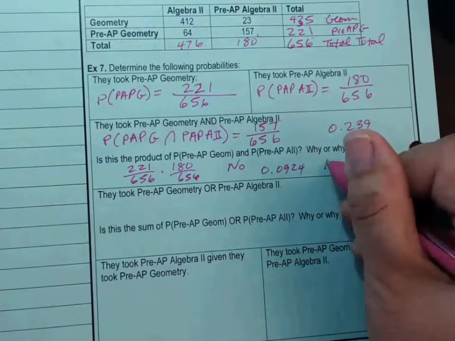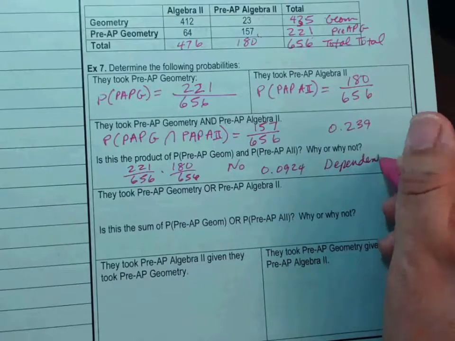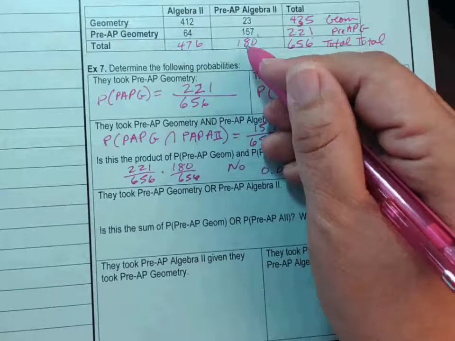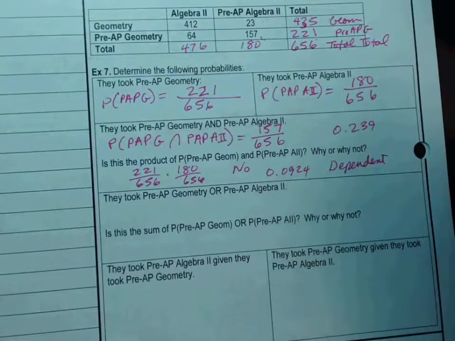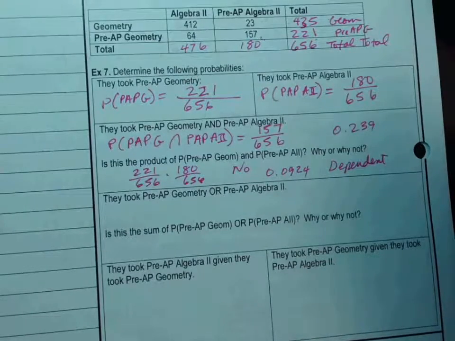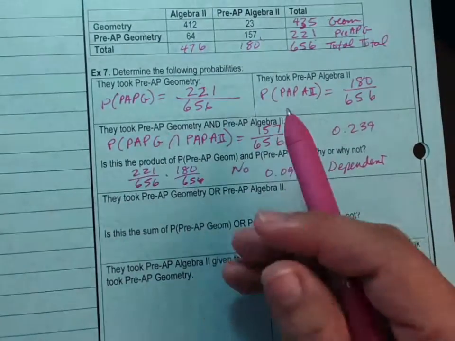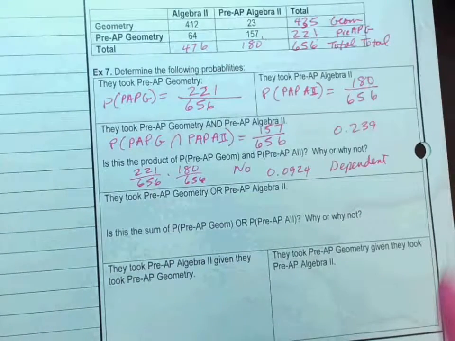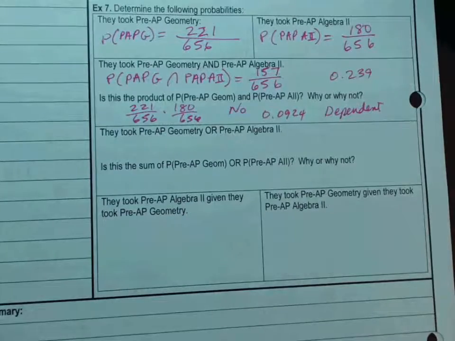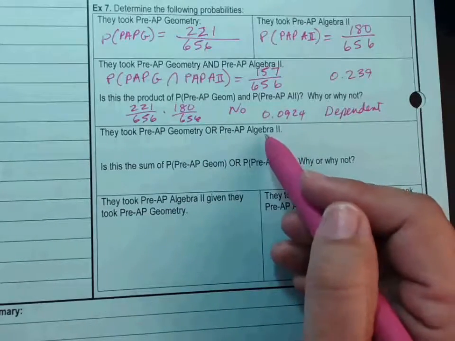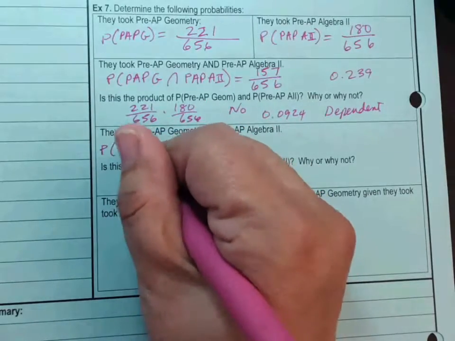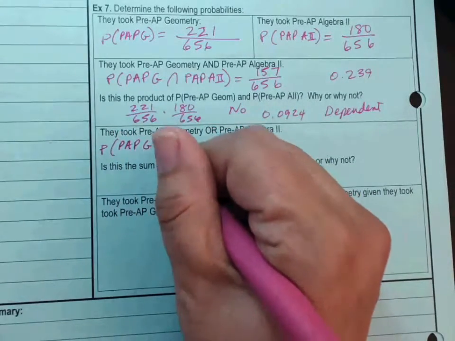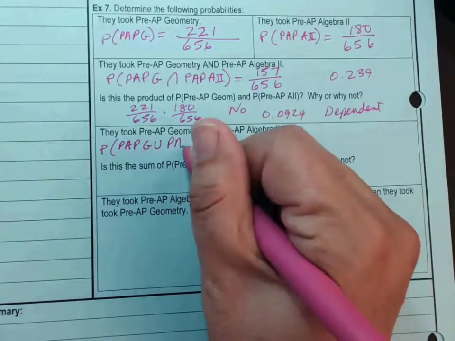And why is it? They are dependent. It kind of makes sense that someone taking pre-AP algebra 2 is more likely if they took pre-AP geometry, right? So it's more likely that pre-AP kids are going to stay in pre-AP and regular are going to stay in regular. What's the probability they took pre-AP geometry or pre-AP algebra 2?